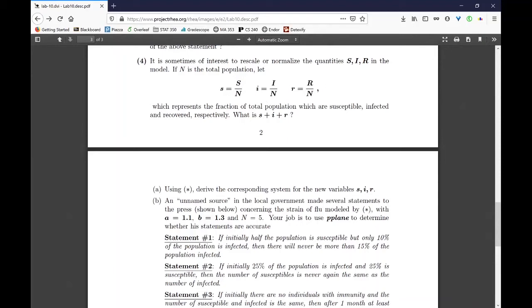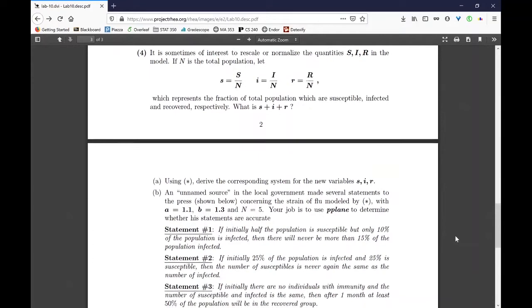Dividing the entire thing by N, little s plus little i plus little r should just equal 1. We have normalized it, and therefore little s, little i, and little r now represent proportions of the population that are susceptible, infected, and recovered. So for part A, derive the corresponding system for the new variables s, i, and r.